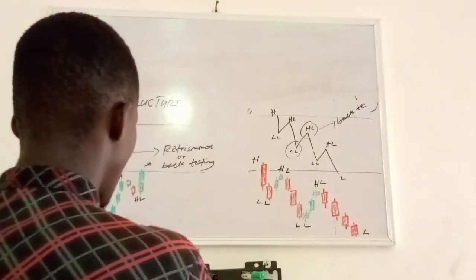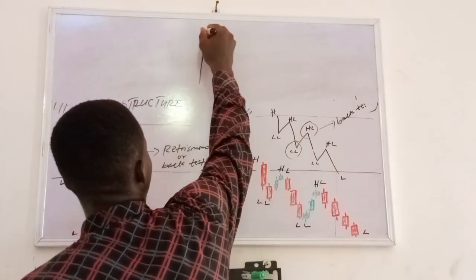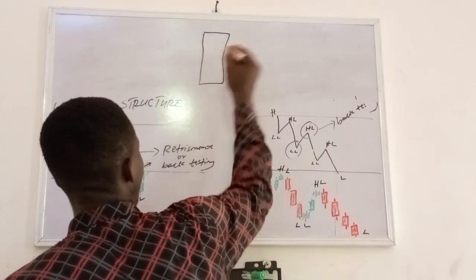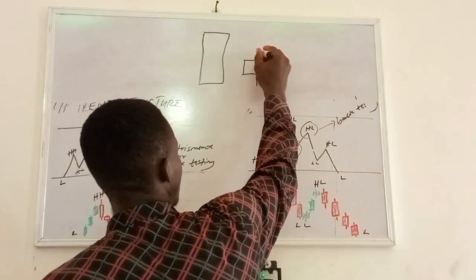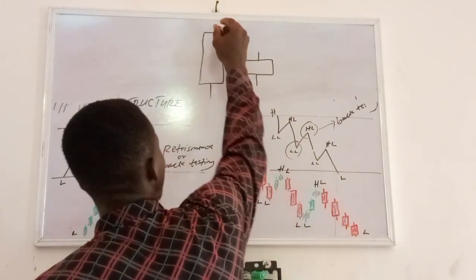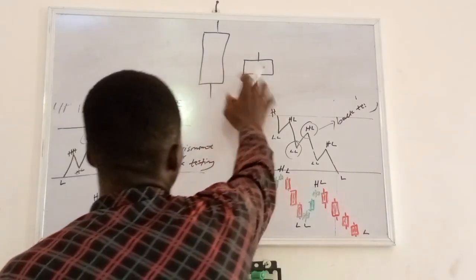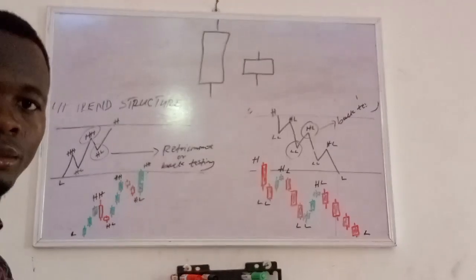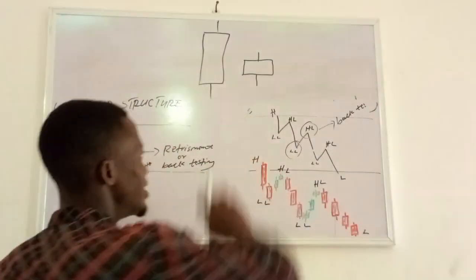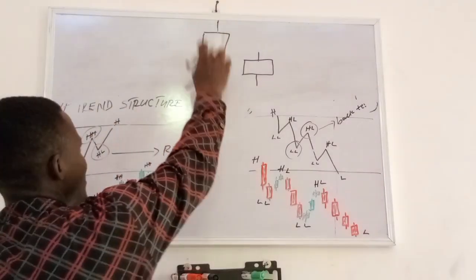This is a big candlestick, and this is a smaller candlestick. Now, which one of these two has more volume and more momentum? The one with more momentum is actually this candlestick.